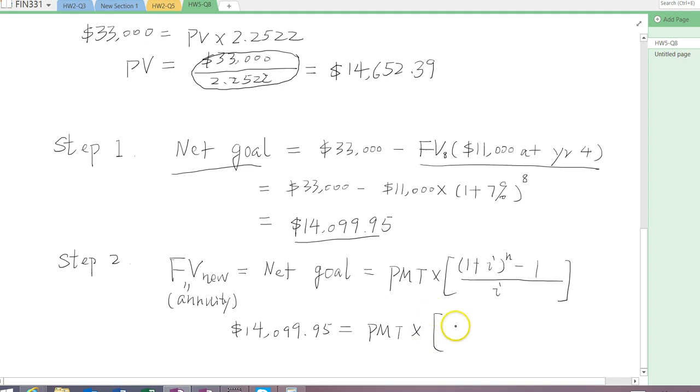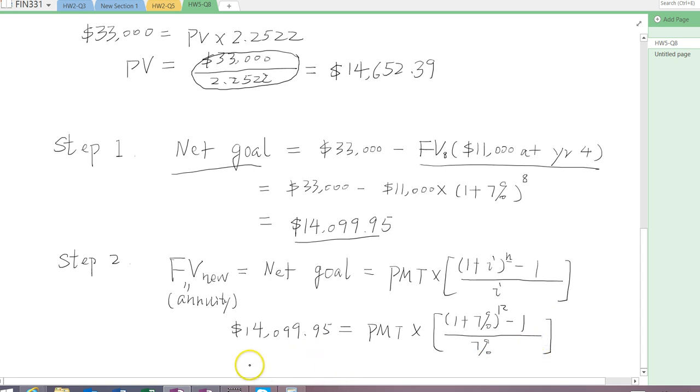times 1 plus 7%. Now this power is still 12 because we're going to make 12 payments. So the power equals the number of payments, minus 1, divided by the interest rate.